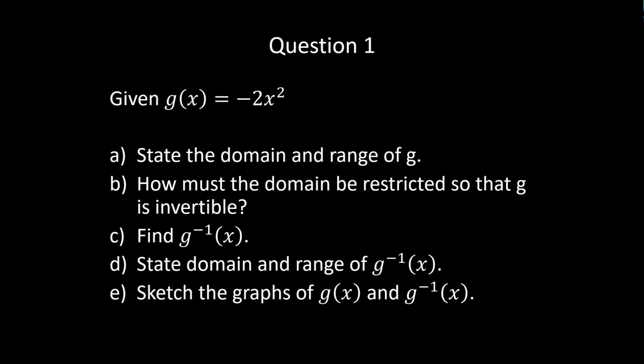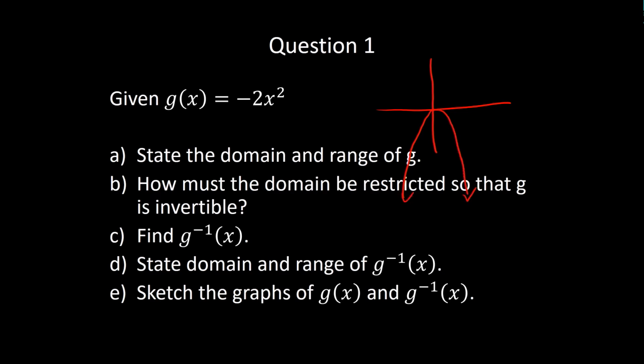So we are given that g of x is equal to minus 2x squared. And the first question is state the domain and range. All right, so I always like to make a sketch even though we don't need it. If we think about the function g of x is equal to negative 2x squared, it's going to look something like this.